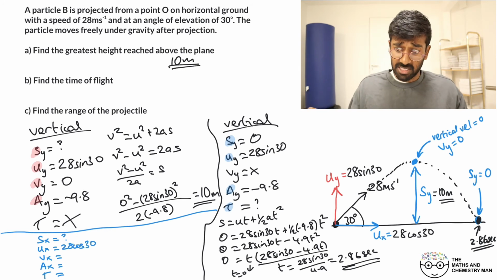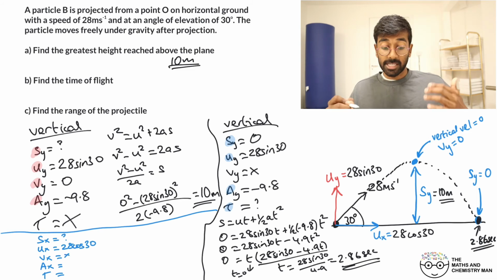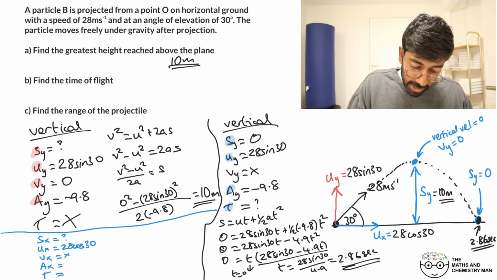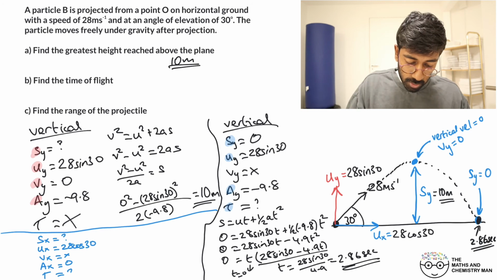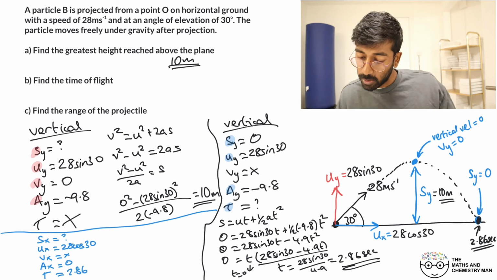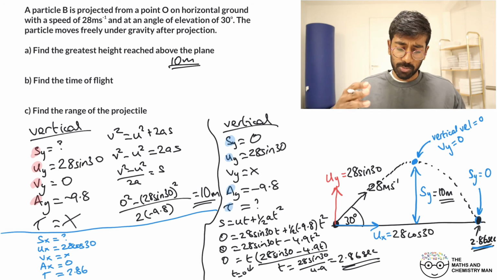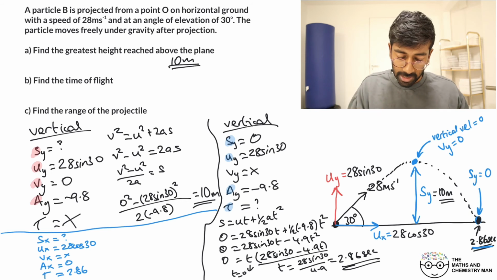V of x, I don't know the speed when it gets there, so I'm just going to leave that. Acceleration. Now, gravity only acts in the vertical plane, and so acceleration here is going to be 0. And do we know the time? We do. It was 2.86, which is what we worked out over there. But maybe use the whole decimal, which was like 2.85 something, so make sure you do use that when you're doing this calculation.